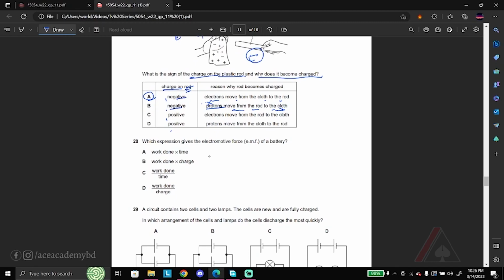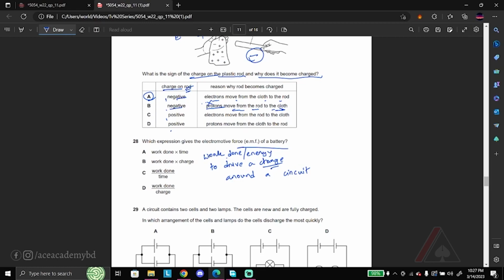So let's move on to number 28. 28 says, which expression gives the electromotive force or EMF for a battery? If you recall, EMF is the work done, the energy required to drive a single charge around a circuit.